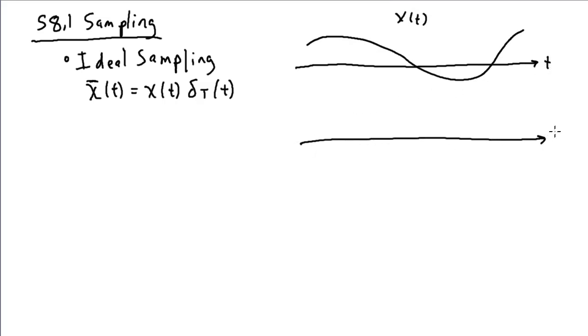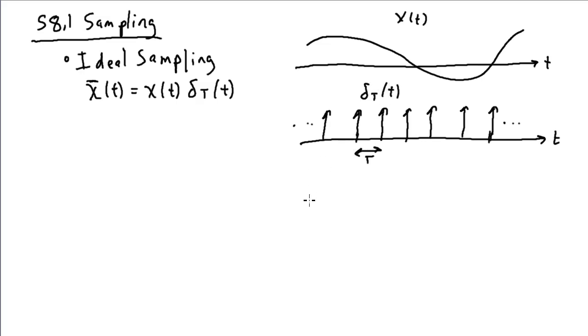Our impulse train, and assume that all of our impulses are equally spaced, spaced T apart, capital T, and they all have the same weight. So this is our delta T of t function, and it extends to minus infinity to the left and plus infinity to the right.